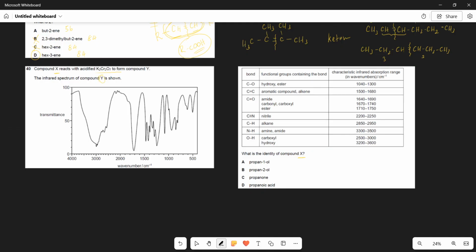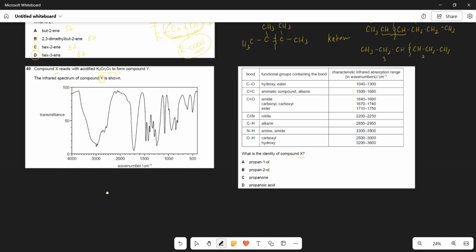But the data given is for Y, which is formed out of X using K2Cr2O7. So X reacts with K2Cr2O7 to give compound Y, and here I have choices like alcohol, acid and a ketone. Normally a primary alcohol can be converted into a carboxylic acid by K2Cr2O7.